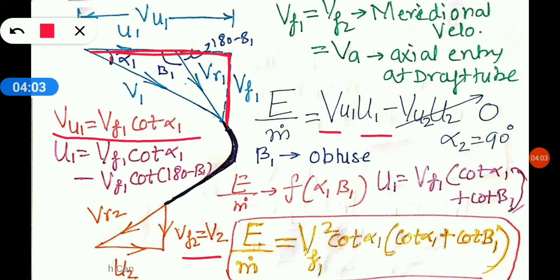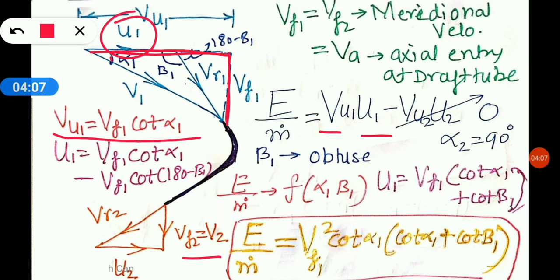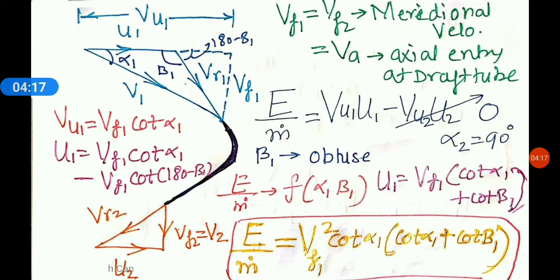Now similarly we would like to find out U1. Now what is U1? Just see here, it is written U1 is equal to, just see here on the left side, U1 is equal to Vf1 cot alpha 1 minus Vf1 cot (180 minus beta 1). Now how you got that? Just see, if you just see this, U1 is nothing but equal to this Vu1 minus this length. Fine, so that is what is written.